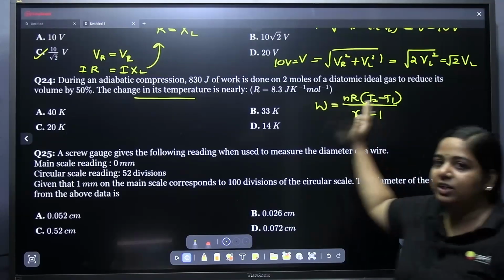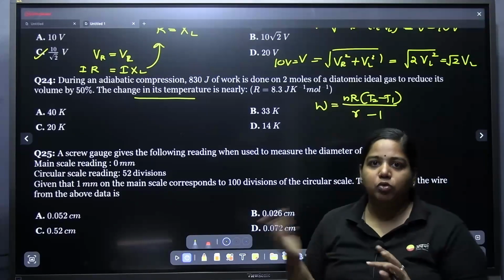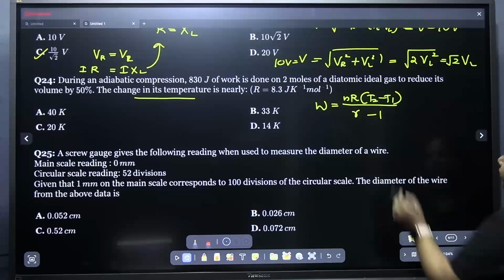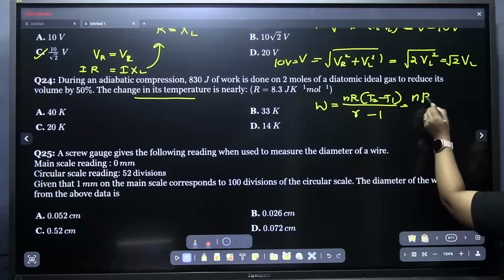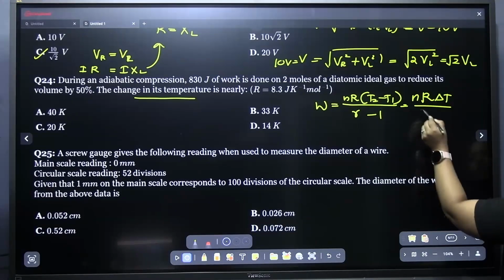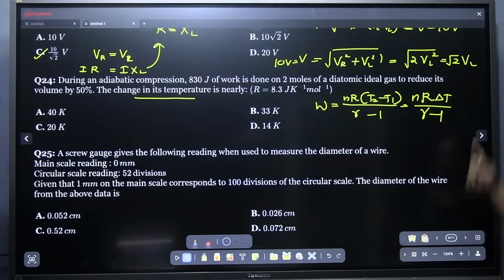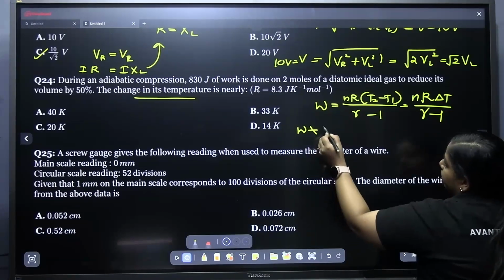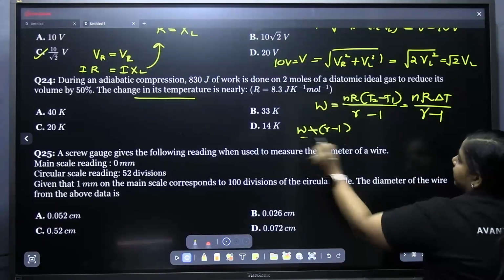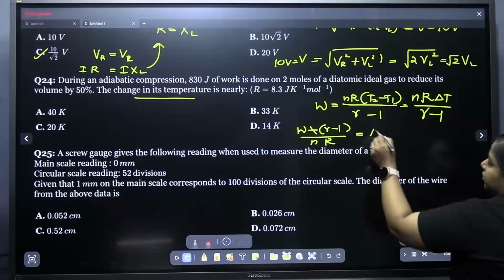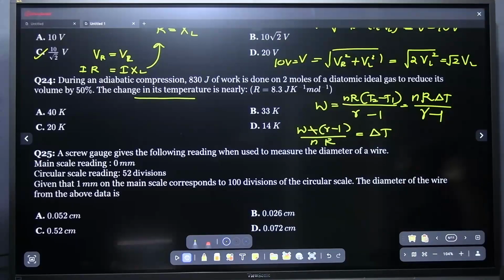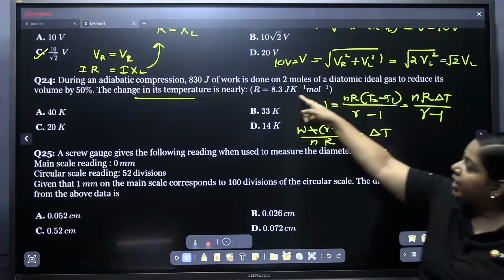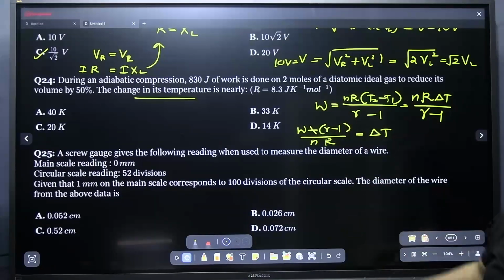If we had to find T2 or T1 only, we would have to think about the volume. Here we don't have to, because this delta T only we have to find. This we can write as nR delta T divided by gamma minus 1. So work into gamma minus 1 divided by nR equal to delta T. Work is given, number of moles is given, R value is given, only gamma we have to find.